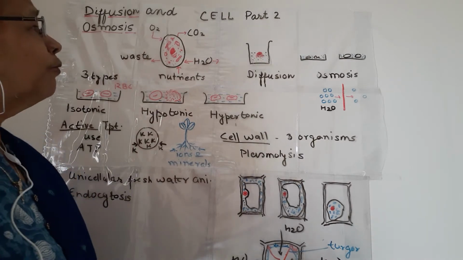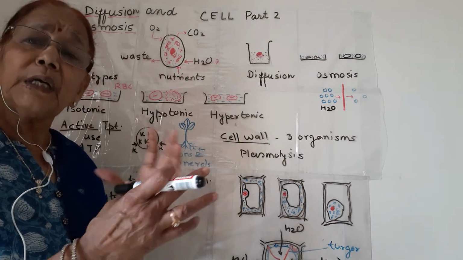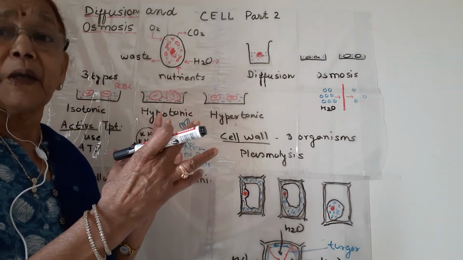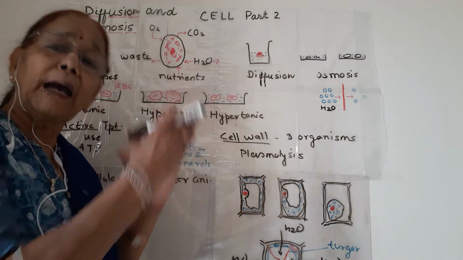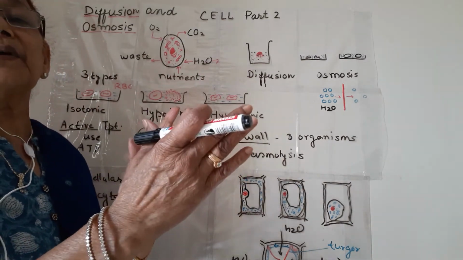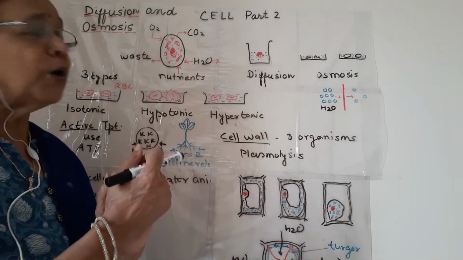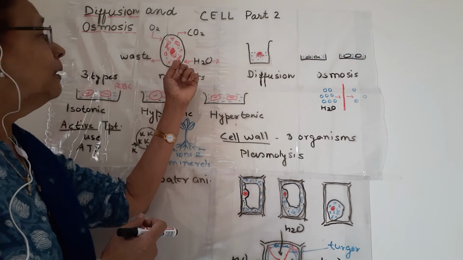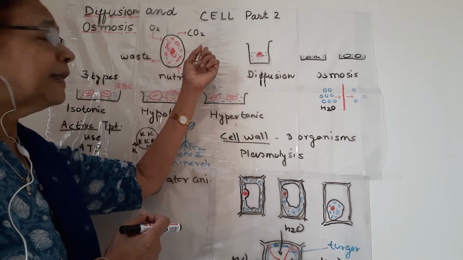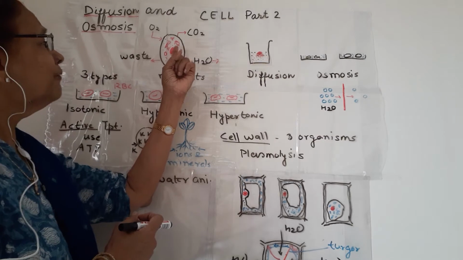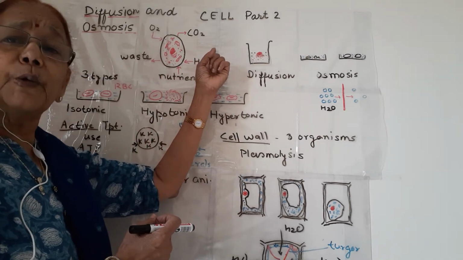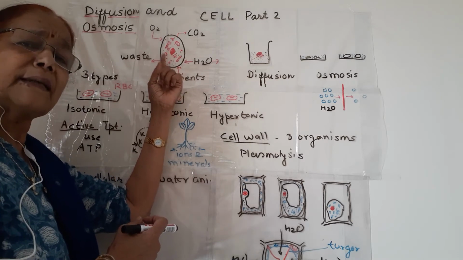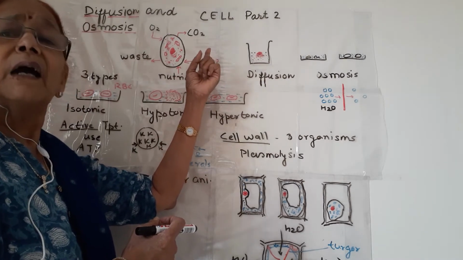Now we should know what diffusion is. Diffusion is the movement of particles or molecules from the region of higher concentration towards the region of lower concentration. What does it mean? Suppose more water is there inside the cell and outside less water is there, then the water from inside will go out, because the concentration of water molecules is more inside the cell and it is less outside the cell.